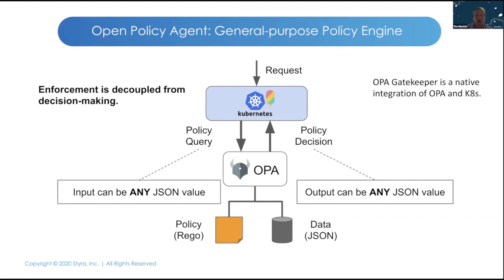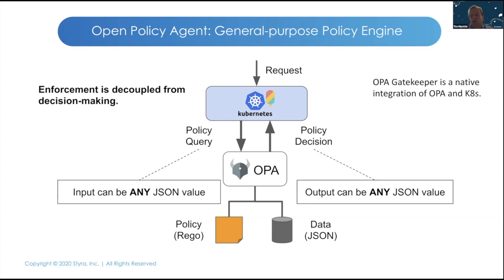Often I'll go through a much longer introduction here around the fact that the queries you send to OPA, the requests that you make of OPA, can really be any arbitrary JSON. In Kubernetes' case, what that would amount to is the entire content of that YAML file that developers are using to actually configure their applications and infrastructure. So that entire 200 or 500 lines of YAML is what's sent across to OPA to make a decision.